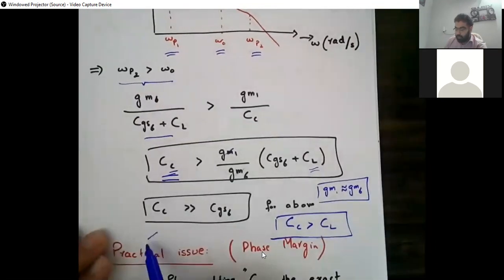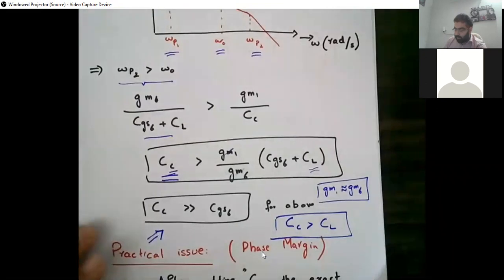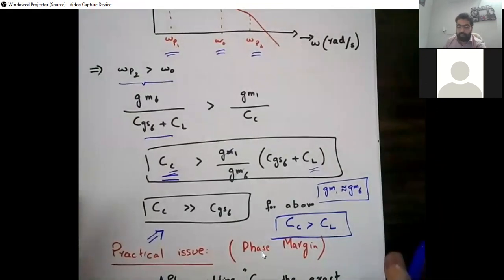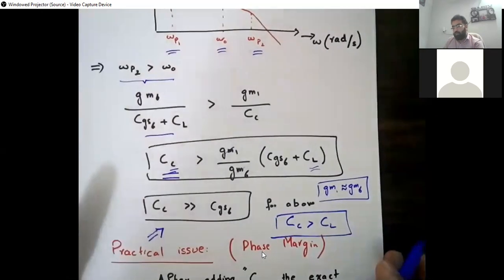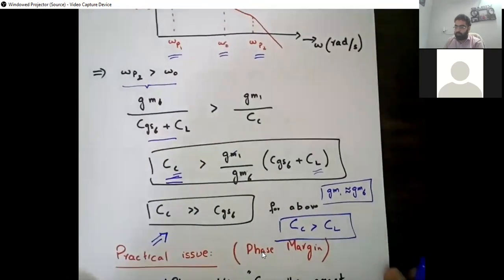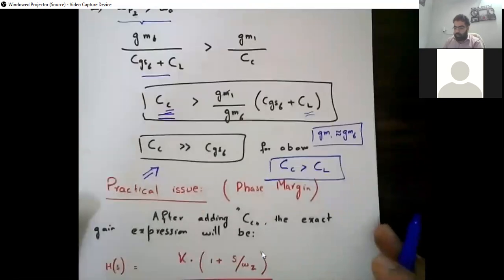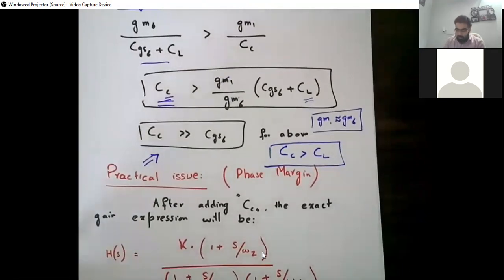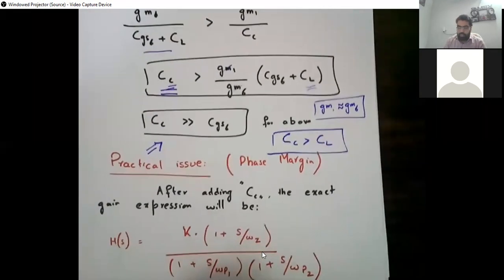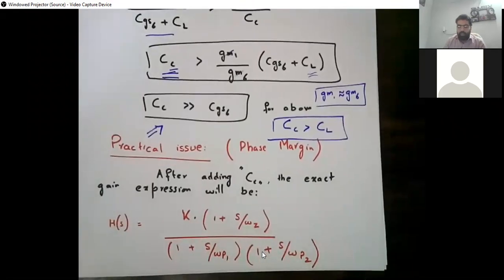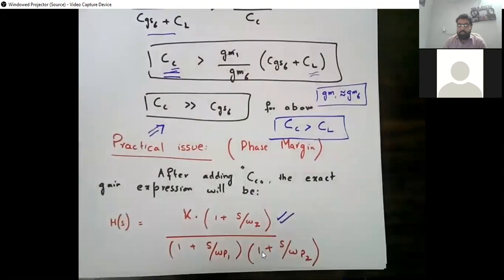Till now we put some consideration and we did an approximate design, but we missed one important thing which we also need to tackle now. Because we made approximations, we missed a lot of points. So one point is that we missed a zero. Why did we miss a zero?